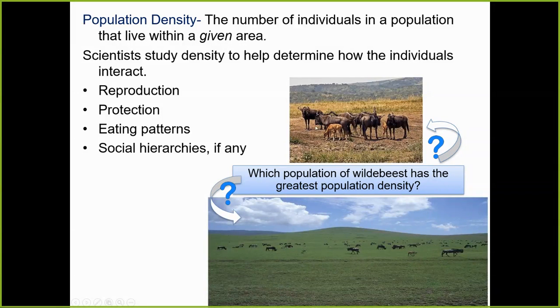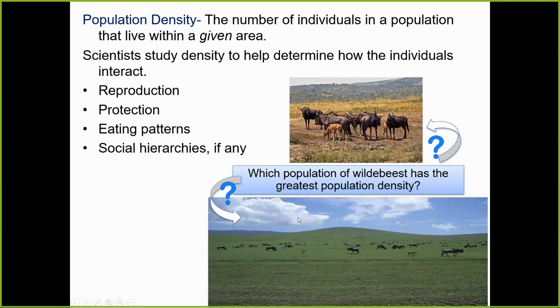Now, if I look down here, if I had that same amount of space, maybe I'm going to get one, possibly two. Now, if I look at the bottom picture, top or bottom picture, which one has the greater population size?